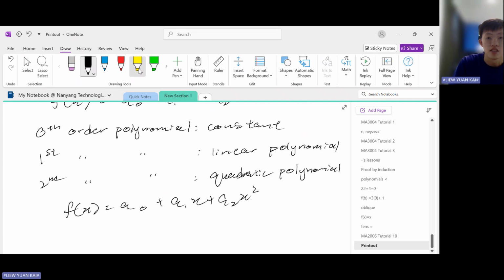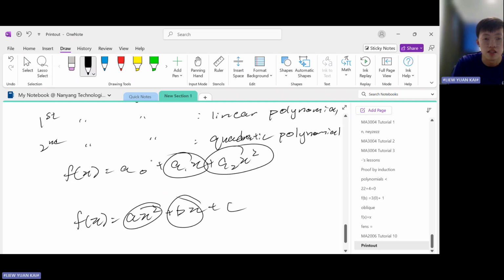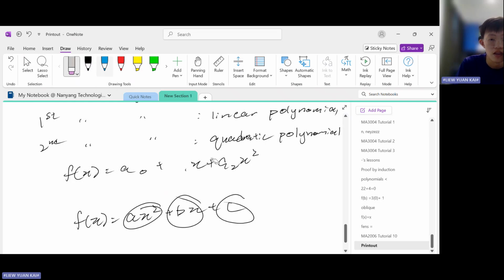You see, it's highest power 2, so therefore it has order 2. So we call this a second order polynomial. This is already very familiar to you. You already learned quadratic functions since secondary school, in the form of ax squared plus bx plus c. This is ax squared, bx, and c.